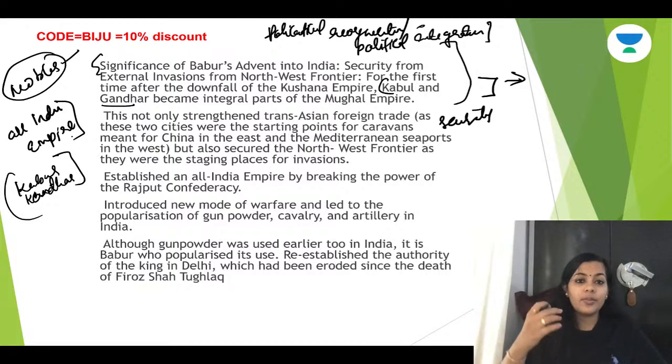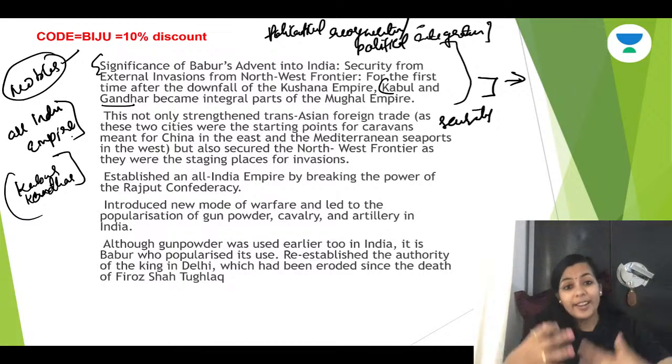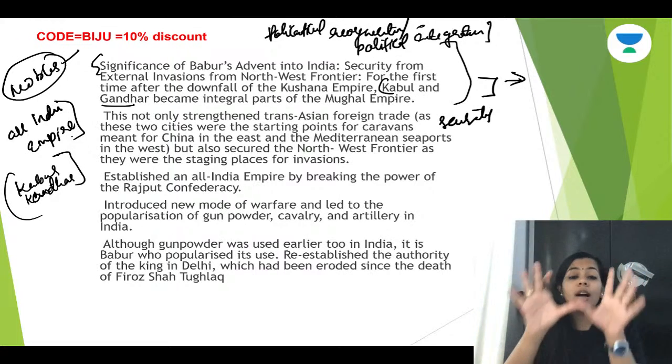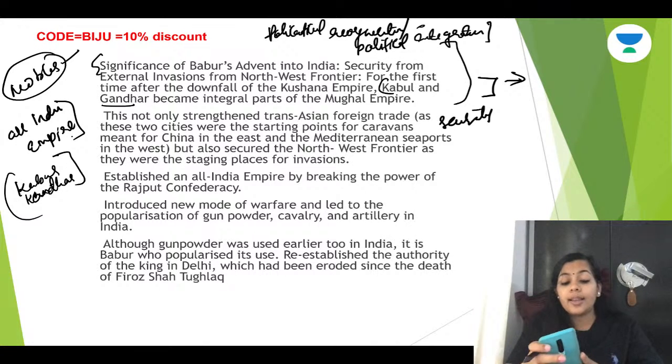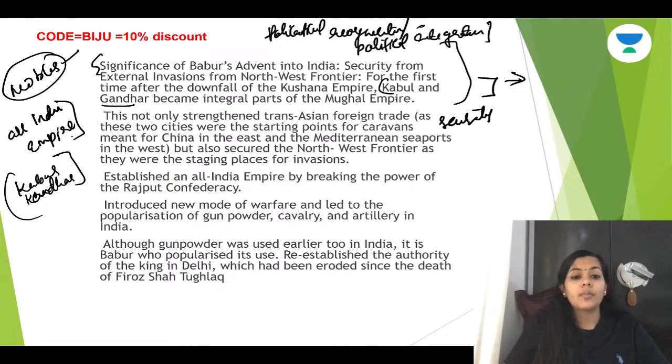Now we are discussing the significance. We already discussed how Babur invaded India and how he established the kingdom in India. Now we are going to see the outcomes he got after attacking the country. The advent brought new trade and commerce.